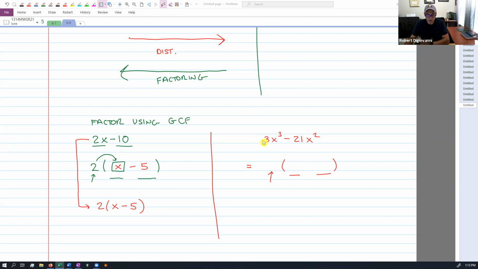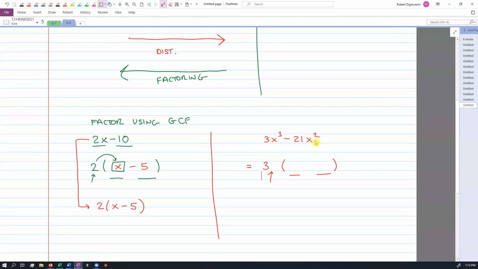So Katrina, when you look at these 2 terms, let's start with numbers. Is there a number that goes into both 3 and 21? 3. Okay. Is that the biggest number that goes into both? Yes. So 3. Now, in terms of x's, they both have x's, don't they? Yes. Okay, so this is where it's weird.